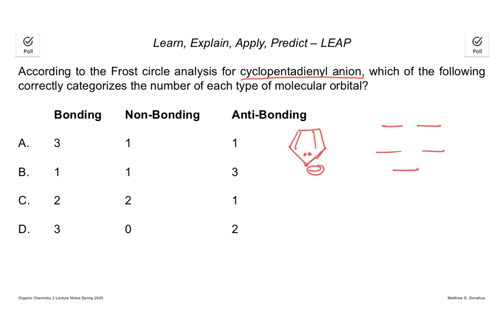So we have 5 p orbitals, 5 molecular orbitals. I think a reasonable question would be, okay, where do I draw the non-bonding line? So it's not in the middle. It's going to be slightly above.